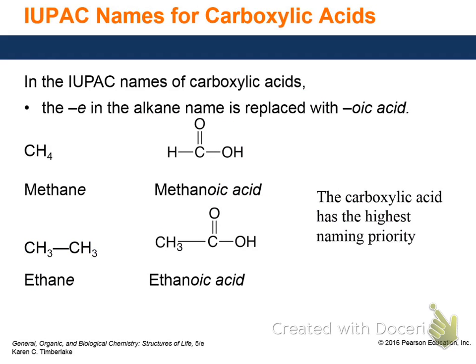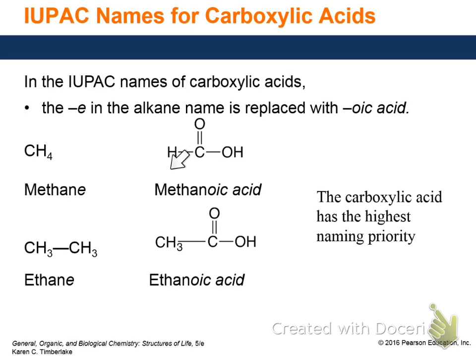So, let me give you some quick examples. The way that you name these compounds, I actually took the slides that the textbooks put together. I shoved them all the way at the end because they have a lot of words on the slides, and I try to simplify it for you guys. The way that you name the carboxylic acid, this one, for example, has one carbon. So one carbon is methane.